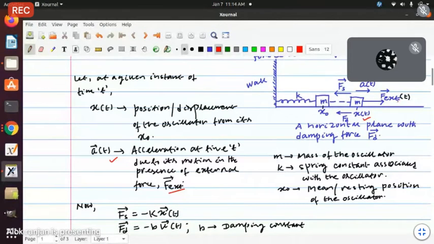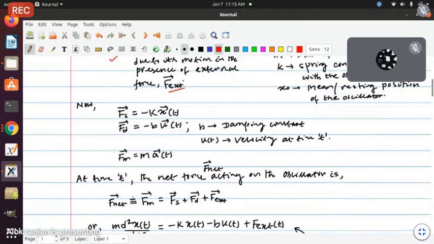In other words, we add the external force, spring force and damping force to get the net force, and the oscillator moves with an acceleration a due to this net force acting at that given instant of time t. Is it clear? The damping force is the opposing force, and the oscillator is forced to move by the net force with an acceleration a.